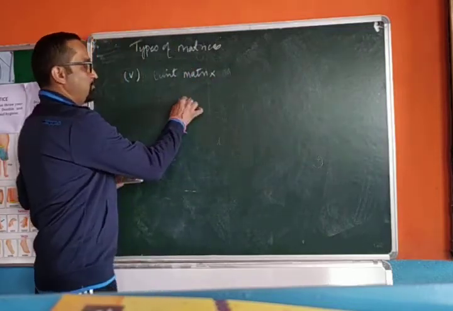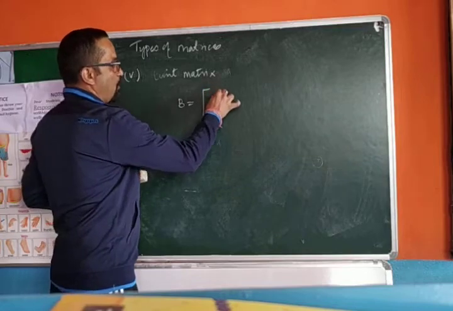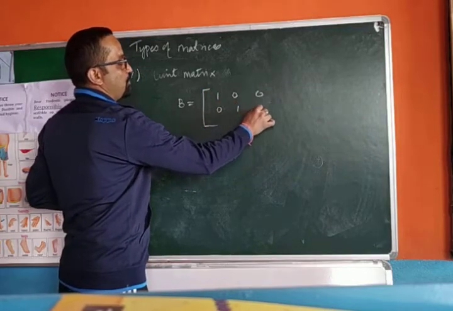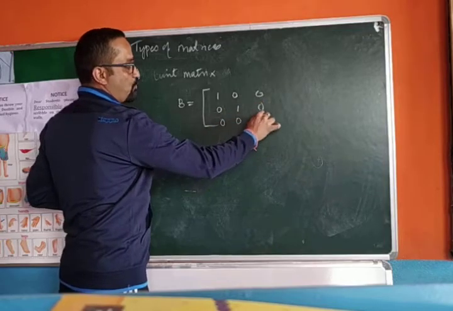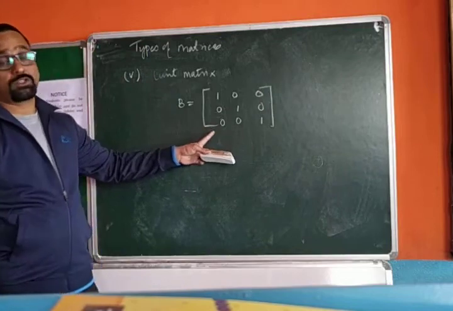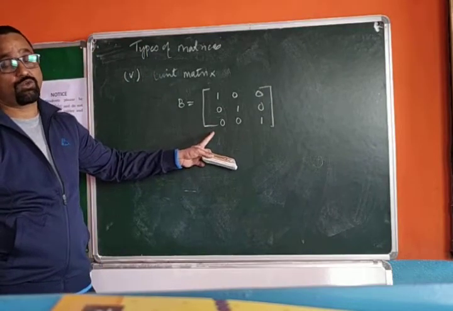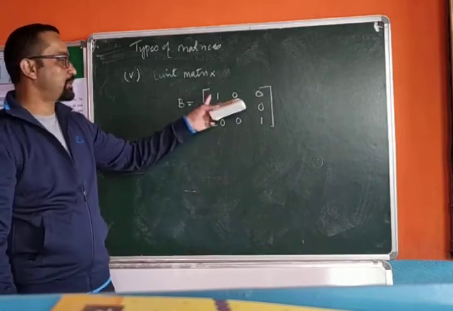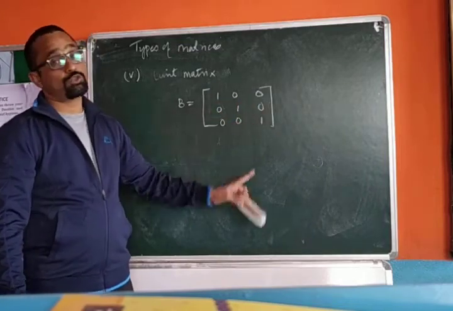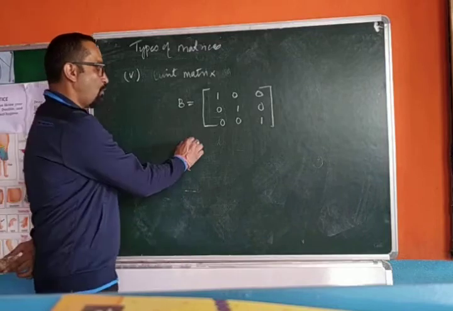I'll give you one more example. Suppose you consider B: 1, 0, 0, 0, 1, 0, 0, 0, 1. This given matrix is called a unit matrix or identity matrix because its diagonal element is equal to 1 and other elements are equal to 0.